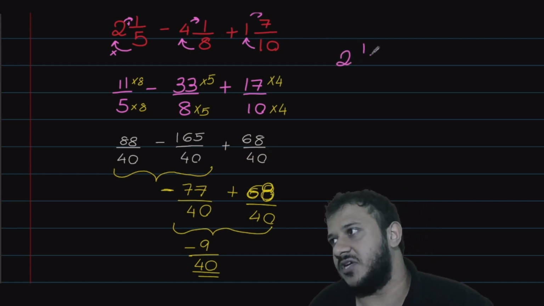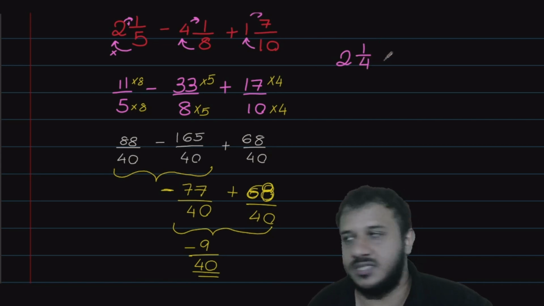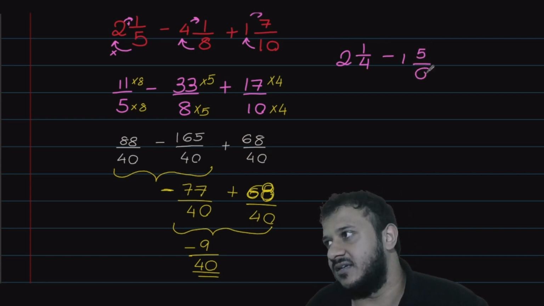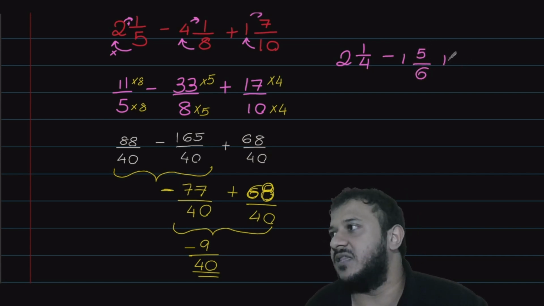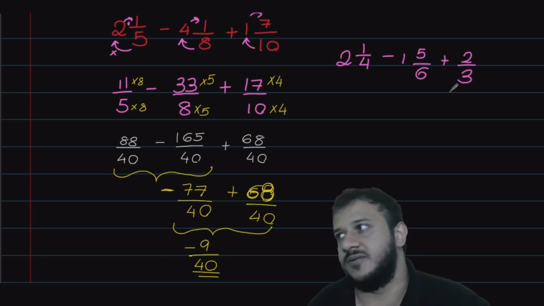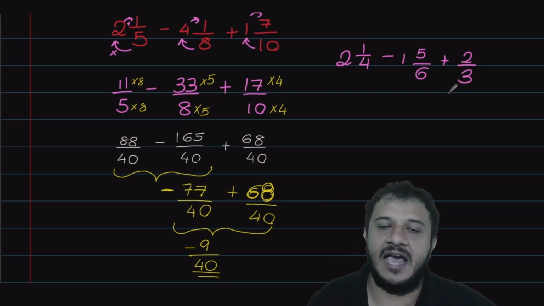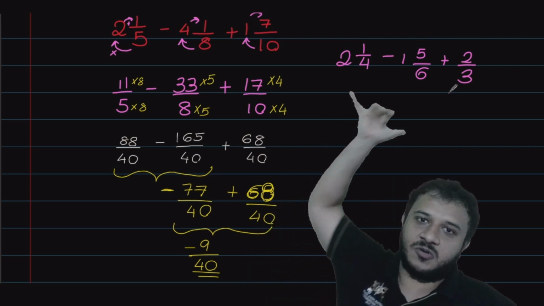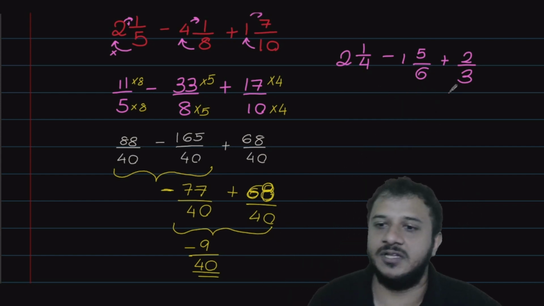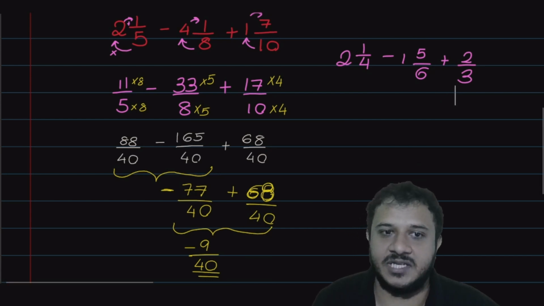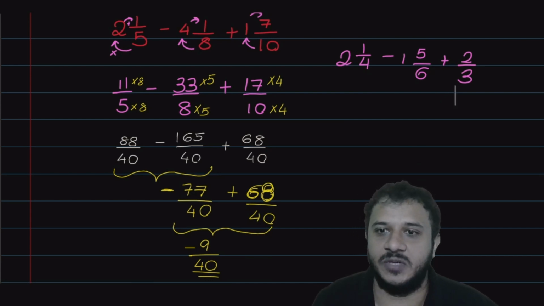Can you all give your best try to do 2 1/4 minus 1 5/6, add with 2/3? Can you quickly get this question done? I will give you only 3 minutes, and after that I'm going to go through the answers. Quickly do it.